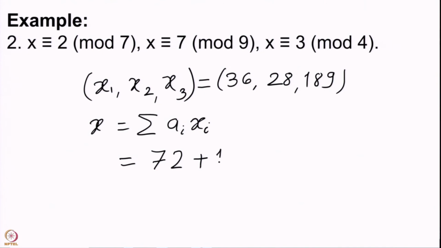So, we get it to be 196 plus 189 into 3. This is the product that we have to do in our head. 9 into 3 gives us 27. So, we have 7 and then there are 2 left, and 18 3s are 54, and we add those two to get 567.